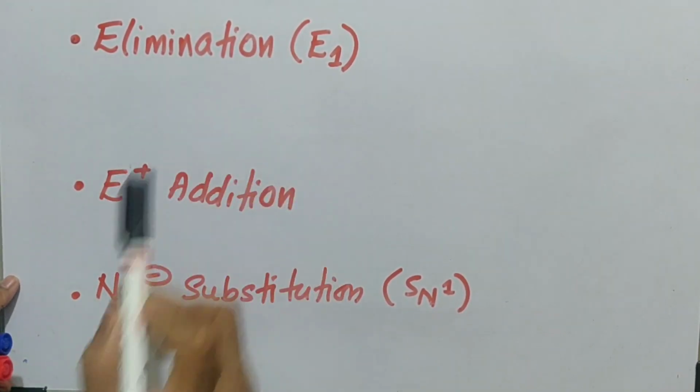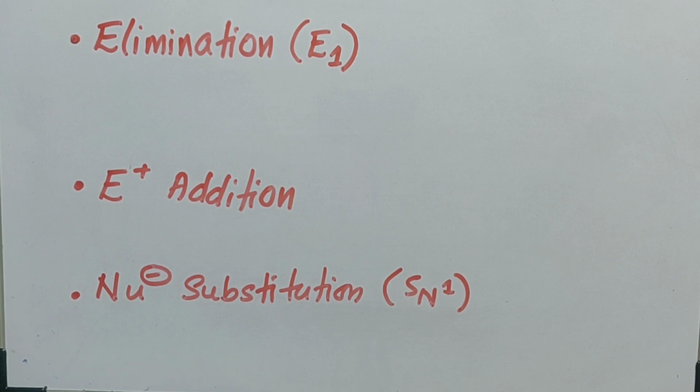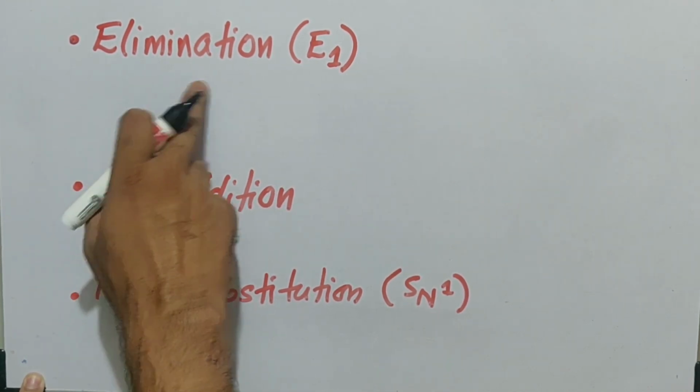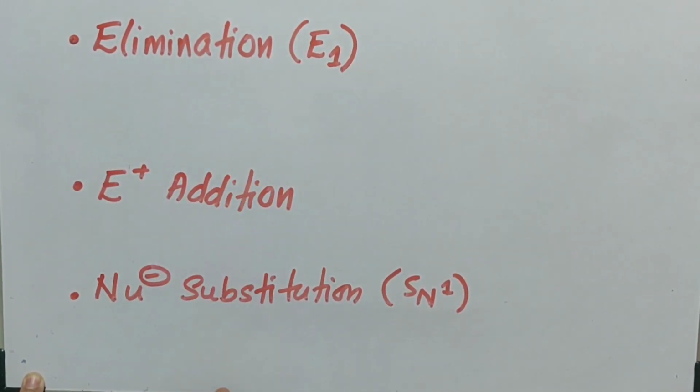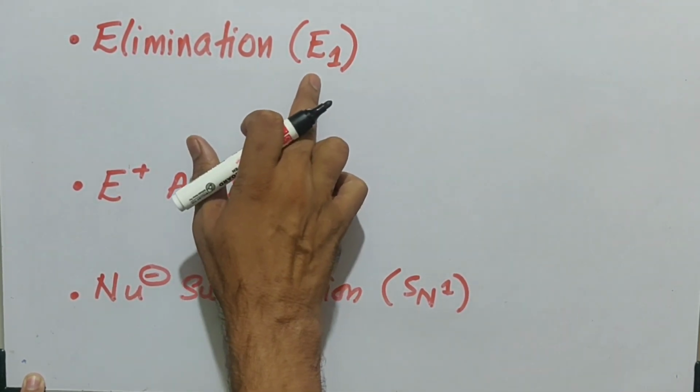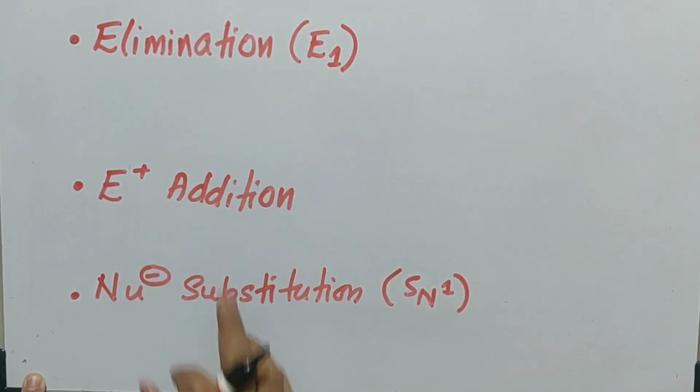Normally, carbocations are formed as reaction intermediates in these three types of reactions. Elimination reactions are of 2 types, E1 and E2, that is elimination unimolecular and elimination bimolecular. But in elimination unimolecular, the intermediates are carbocations.